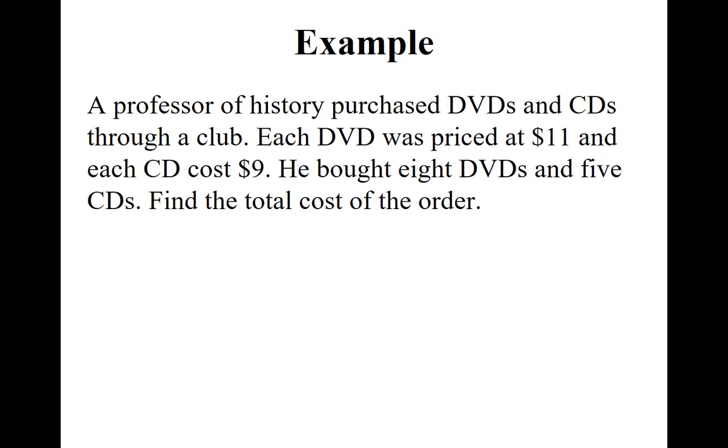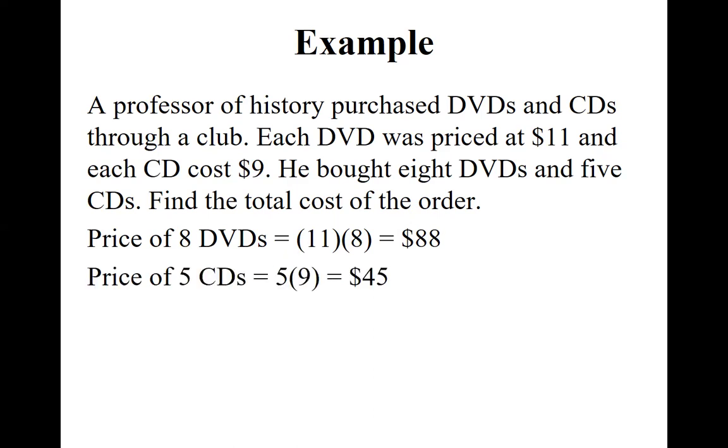And if he bought 5 CDs, that means he spent $9 5 times. 8 times 11 and 5 times 9. And then we want the total, so we'd add those together. 8 times 11 is 88. 5 times 9 is 45. Add them together for the total, $133.